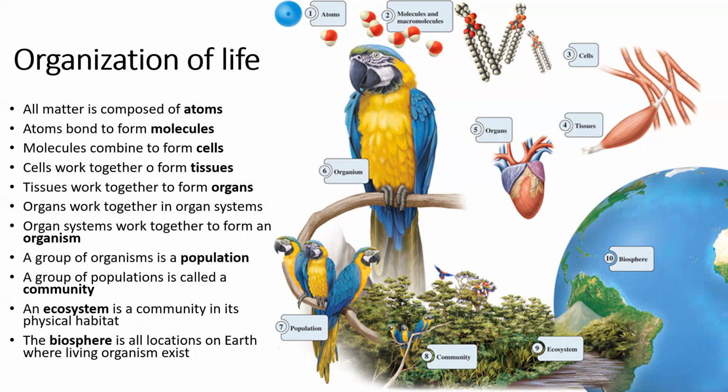In life, the atoms will come together to form molecules, and then the molecules will come together to form the macromolecules. The macromolecules will come together to form the organelles. The organelles come together to form cells. Cells of the same type will come together to form tissues. Tissues will form organs, and then organ systems come together and they form an organism.